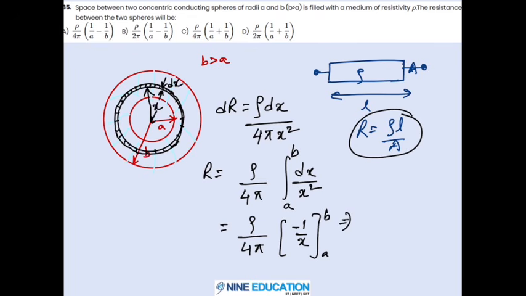So this becomes rho by 4 pi, minus 1 by b minus of minus 1 by a. So this is rho by 4 pi into 1 by a minus 1 by b, which is option A, right? This is the correct option.